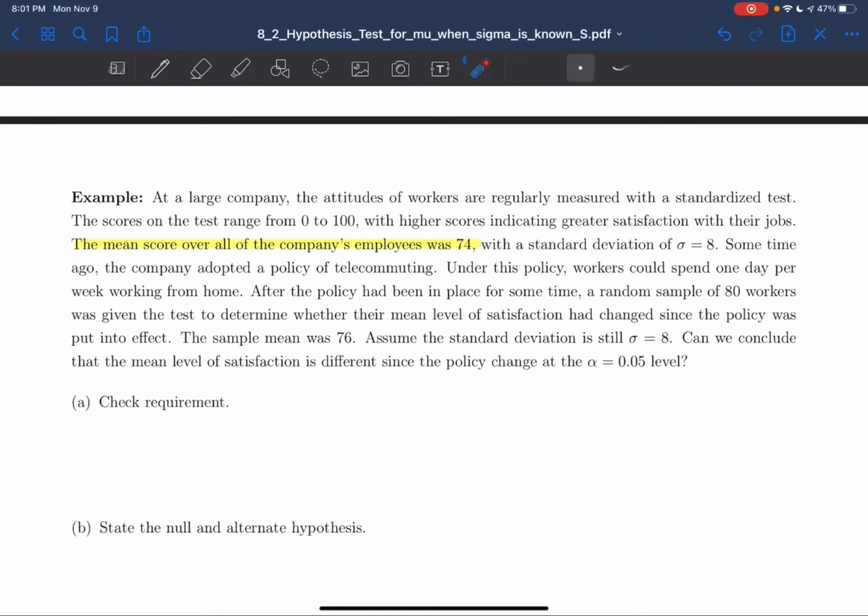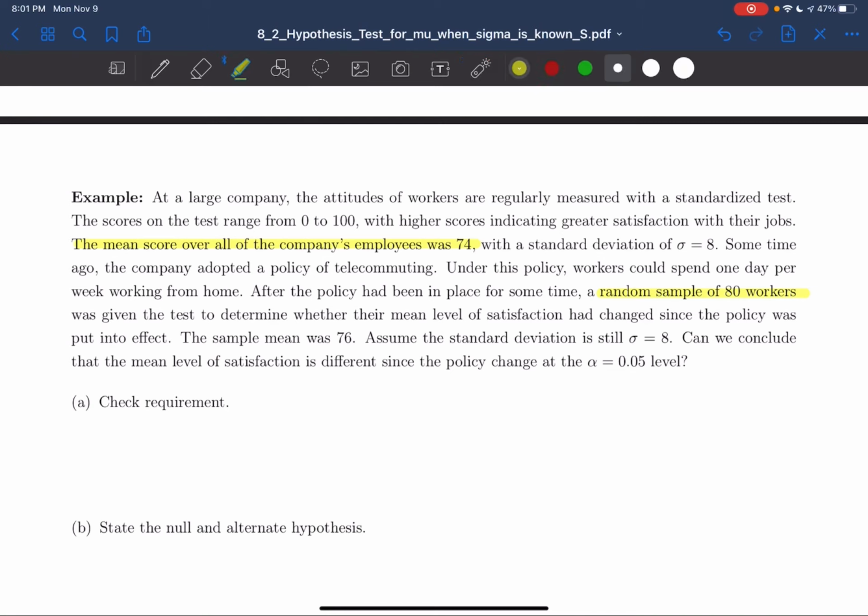Some time ago, the company adopted a policy of telecommuting. Under this policy, workers could spend 1 day per week working from home. After the policy has been in place for some time, a random sample of 80 workers was given the test to determine whether their mean level of satisfaction had changed since the policy was put into effect.